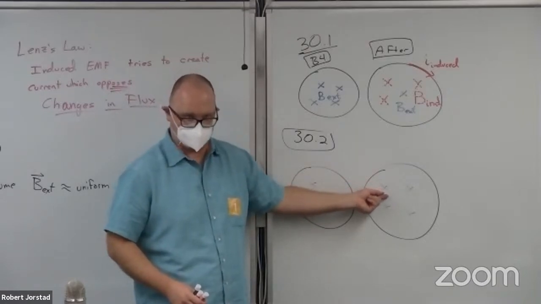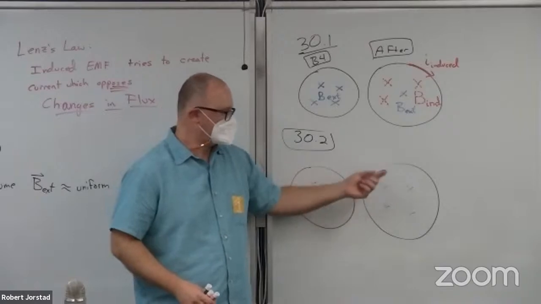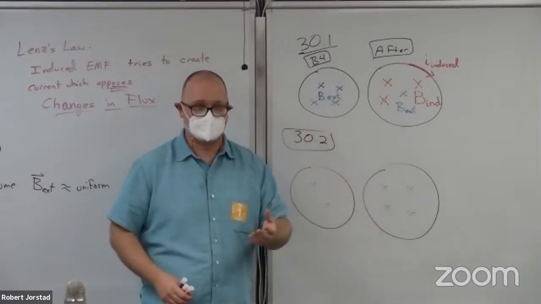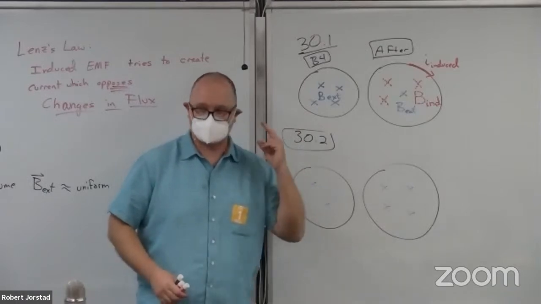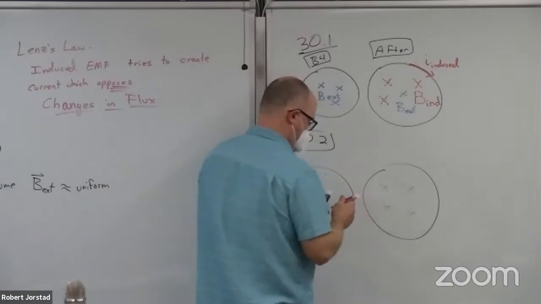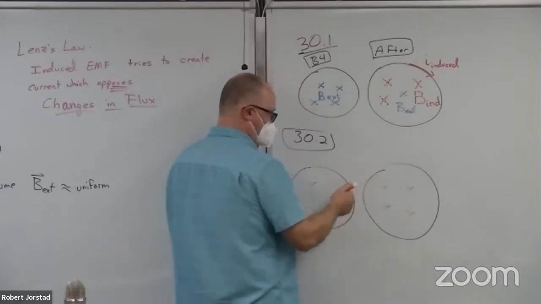What is the opposite of that? Decreasing the flux into the page. What's another way to say that? Increasing flux out of the page. Do you agree that creating a dot is the opposite of adding an X?